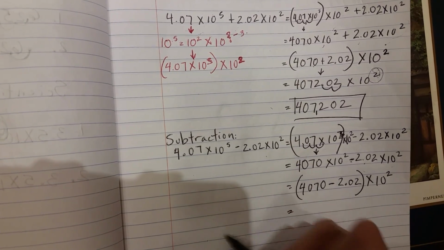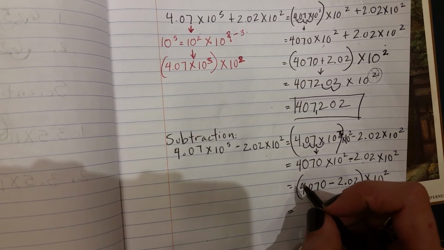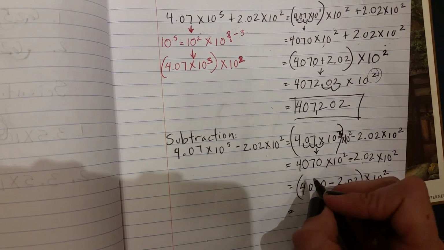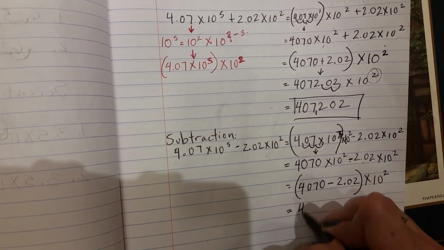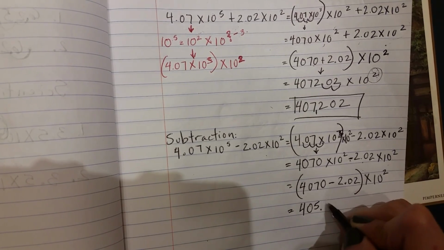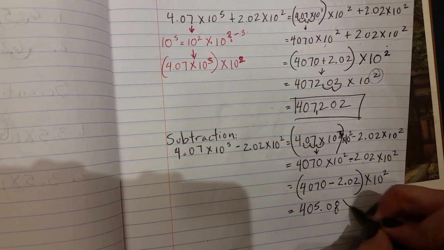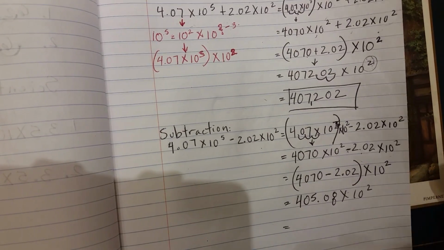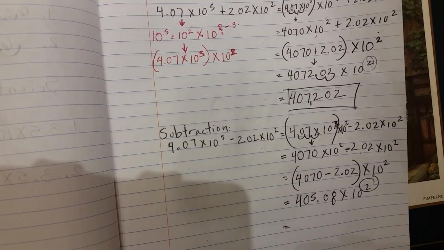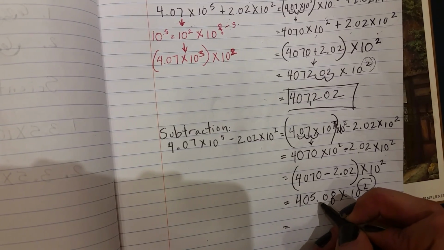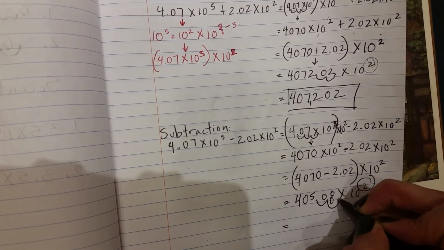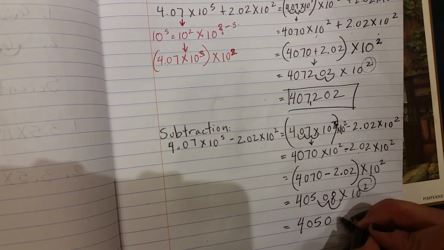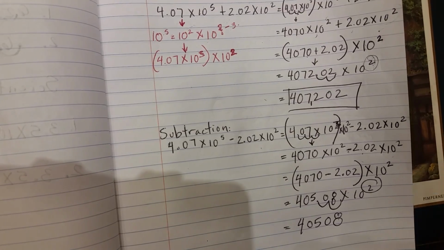You feel free to do work on the side here, but that would be 4067.98 times 10 to the second power. And now if I'm turning it into my standard form, remember this is a positive exponent, so bring that over, 1, 2, 406,798.